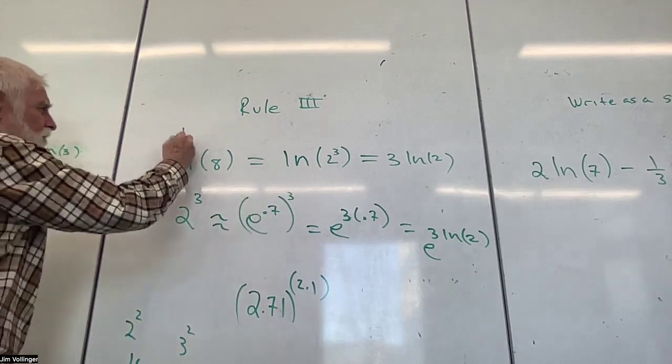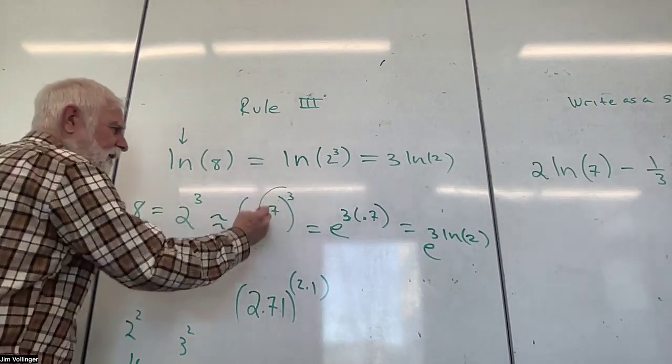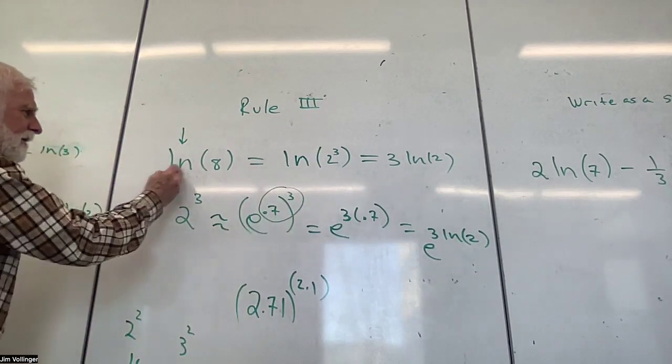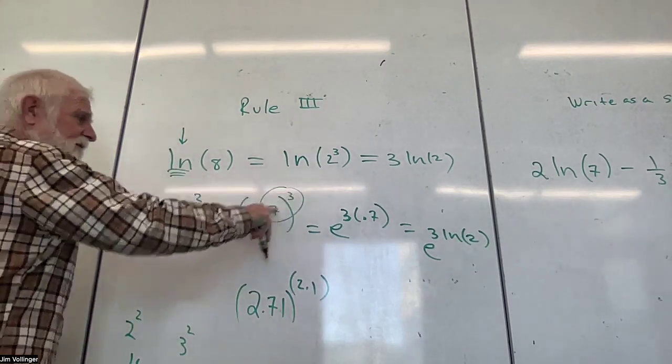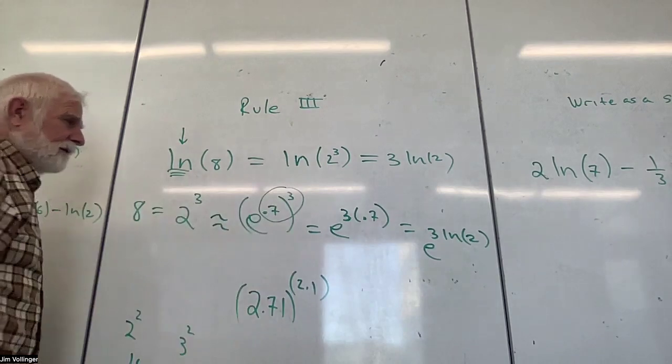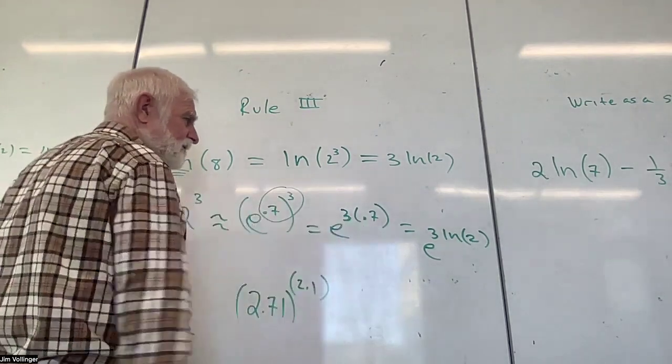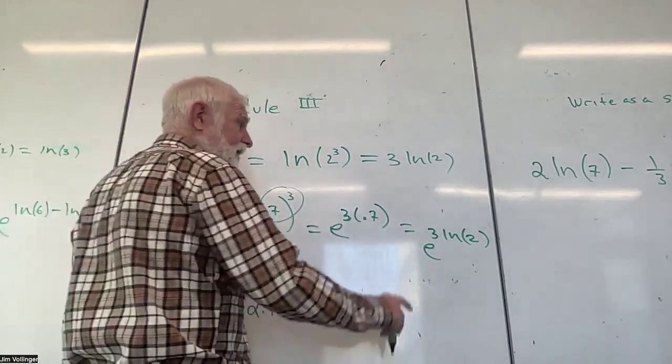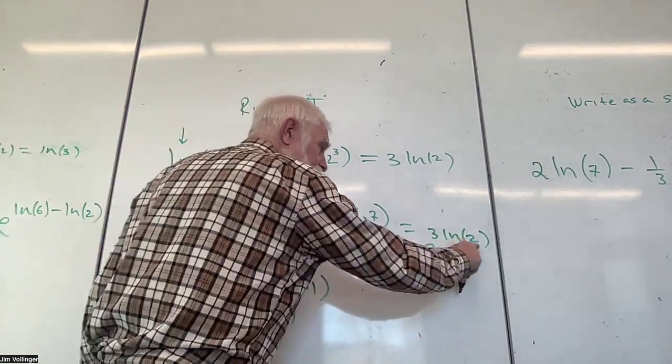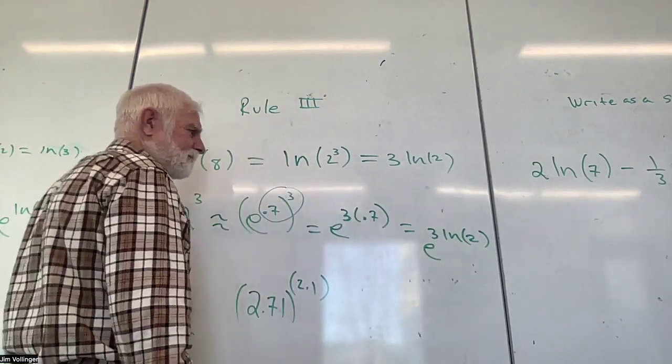When I use this command, I'm only looking at the exponential activity, base e. Well, I've got some base e exponential activity here. And it looks like it's 3 times 0.7, which is the same thing as 3 times the ln of 2, approximately.